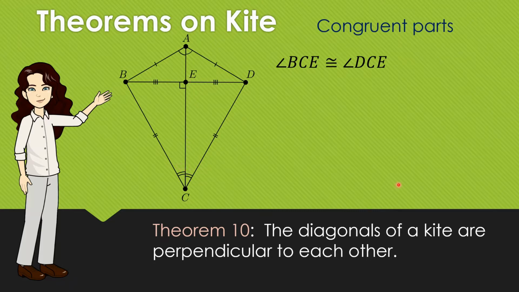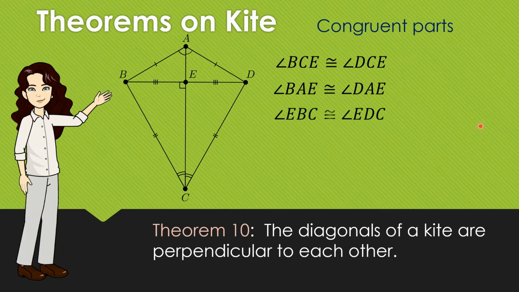Okay? Next. Angle BAE, the angle A here with one mark, is congruent to angle DAE. So these two angles are congruent. Next one, angle EBC.